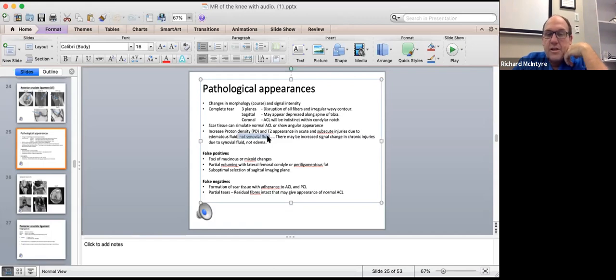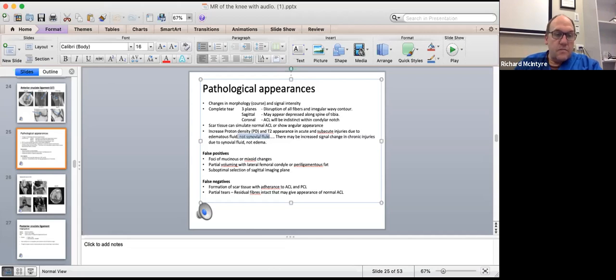There are also false negatives, formation of scar tissue adherence. Scar tissue obviously can be in or around the ACL. For partial tears, it's important to distinguish full from partial tears. Residual fibers intact may give the appearance of a normal ACL.